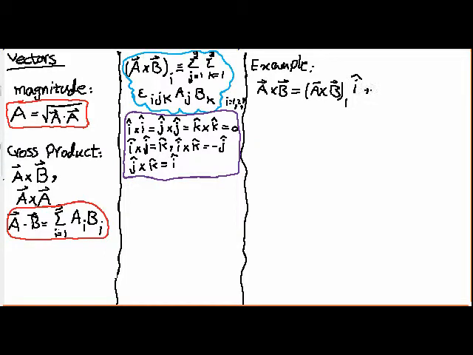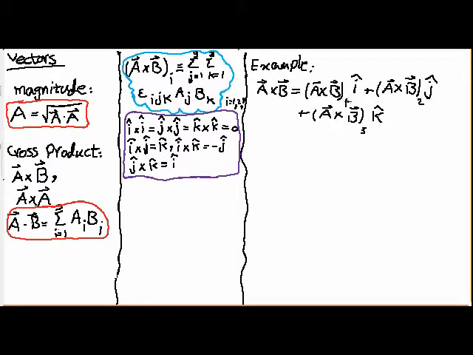Plus (A cross B)_2 j hat plus (A cross B)_3, the third element, k hat.